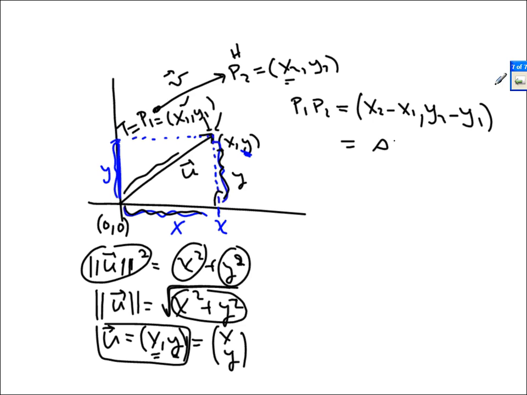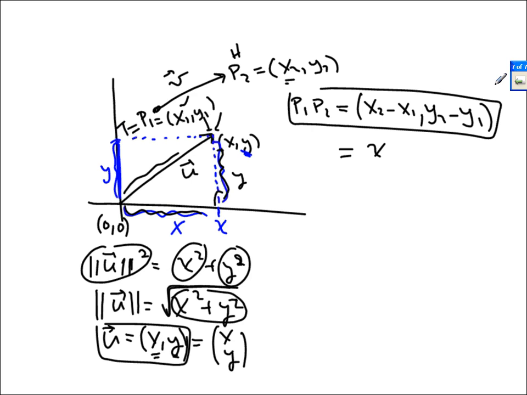That is the change in x, comma, the change in y. How you compute the change in x and the change in y, you can do x1 minus x2 for the change in x. But nonetheless, now this is in standard form.